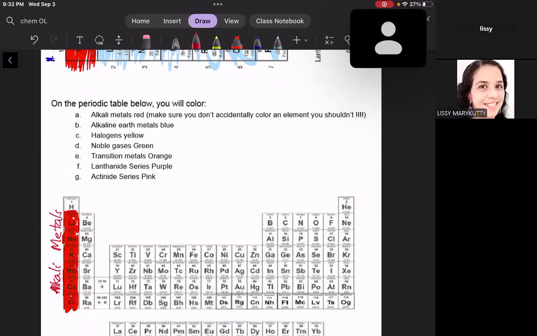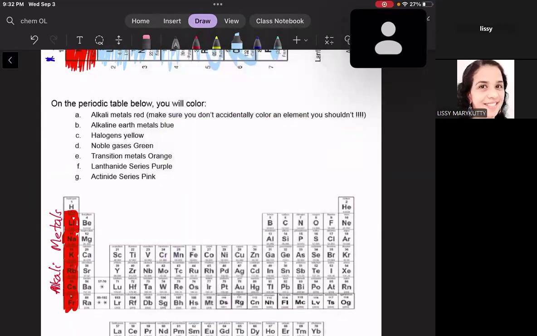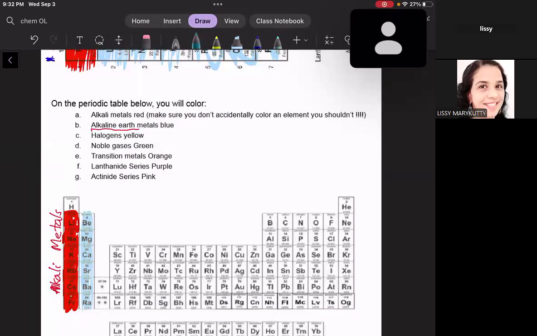Now we need a blue color for the second group. Color everything. Okay. And they are called alkaline earth metals. The spellings are here if you want to copy that from there. Or just draw a line if you want. They are called alkaline earth metals.